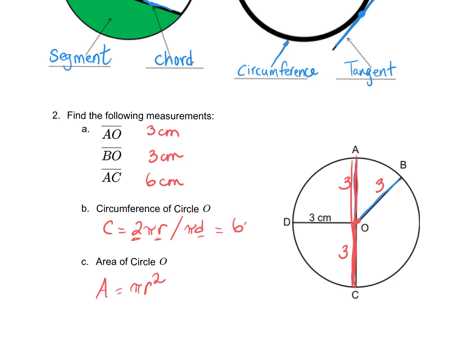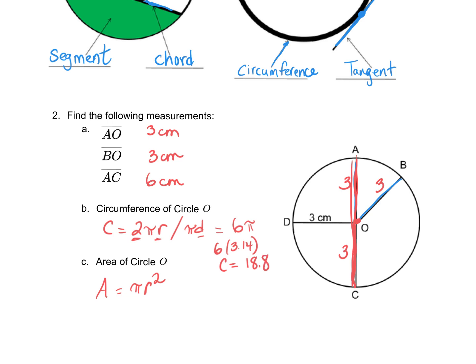And then times pi. Now remember, pi can be abbreviated by using 3.14. So this would be 6 times 3.14, or on your calculator, you can do 6 times the pi button, and we will get 18.8 as my circumference.